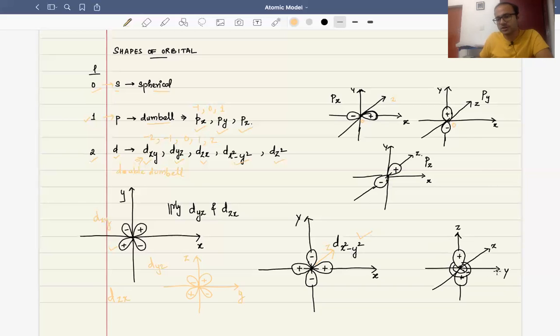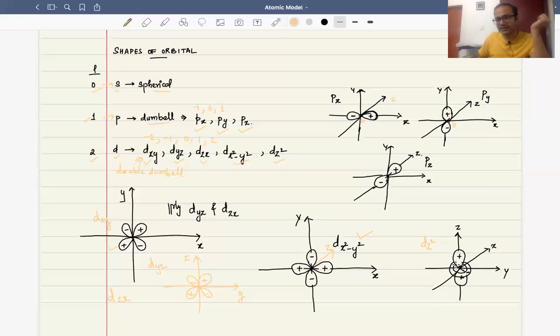Now let us look into the dz square. Dz square is the only one that is a little bit different from the double dumbbell shape. Basically dz square, if this is the Cartesian coordinate, this is the y-axis, this is the x-axis, this is the z-axis, then dz square is directed along the z-axis. One dumbbell is directed along the z-axis. Since it's z square, both the lobes would be positive.